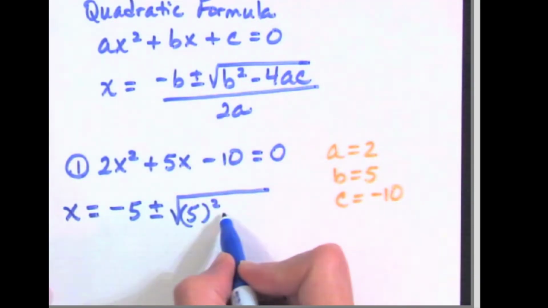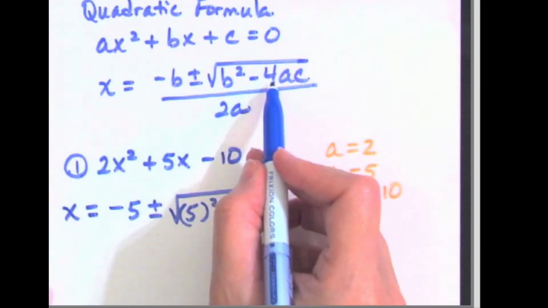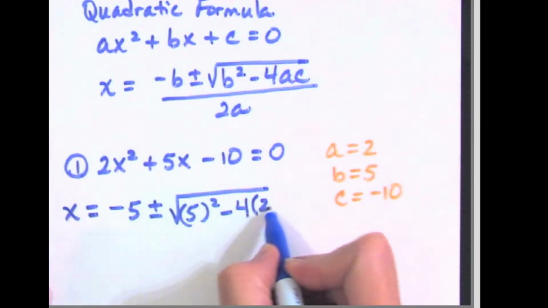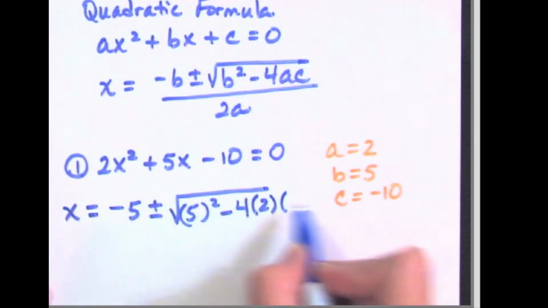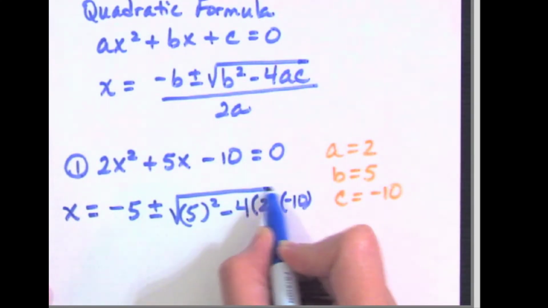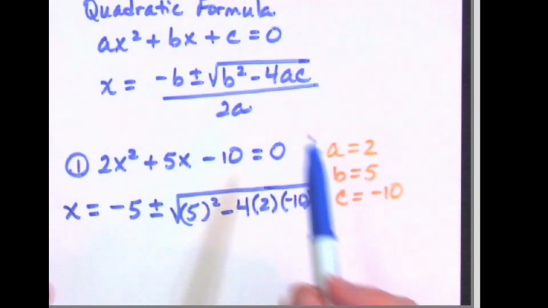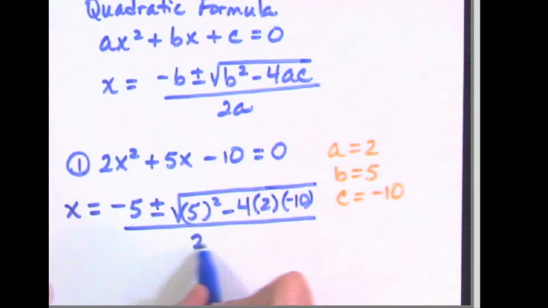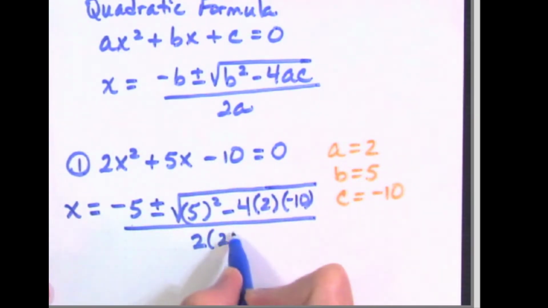The formula says minus, so bring that down. 4 is part of our formula, and then times a times c. And then all of this is going to be over 2 times a, and a is 2.